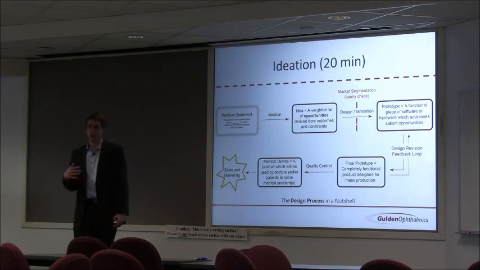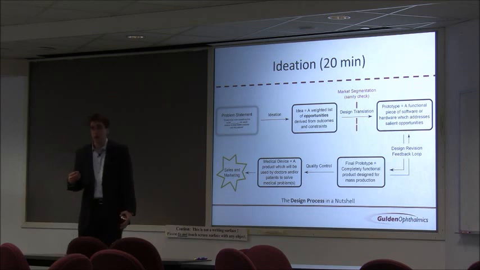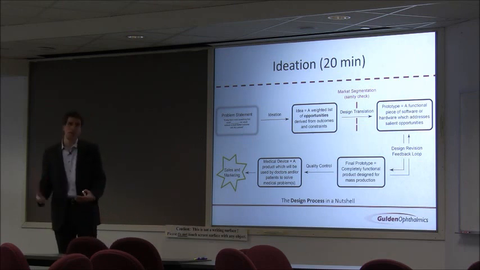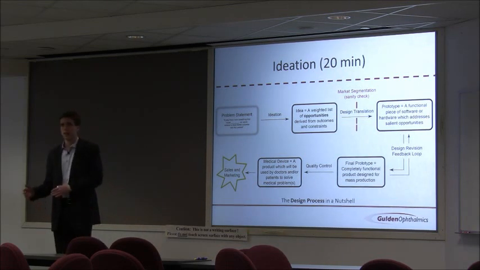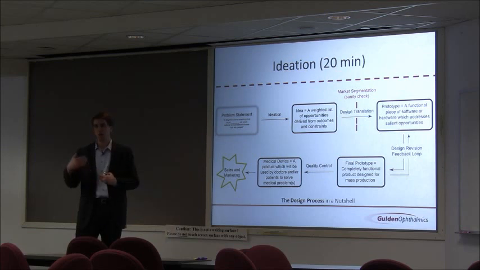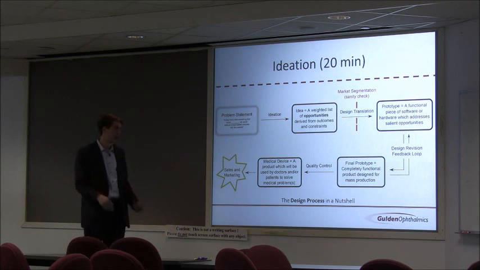So at the end of the day, these are things like, well, we know our device needs a handle, but is it going to be a silicone handle? Is it going to be a hard rubber handle, a plastic handle, a metal handle? Is it going to be knurled? All those different things are determined during this design revision feedback loop, and that's basically disseminating prototypes to end users and getting feedback on what works, what doesn't, what they'd like to change about that prototype.